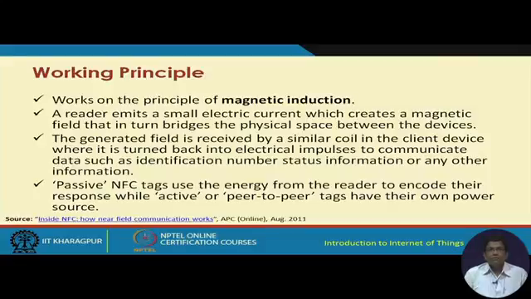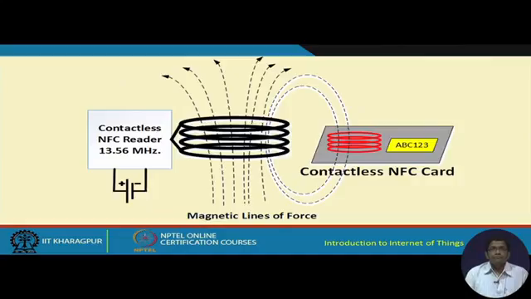NFC tags are used in supermarkets and libraries, etc. They use the energy from the reader to encode their response, while the active or peer-to-peer tags have their own power source.